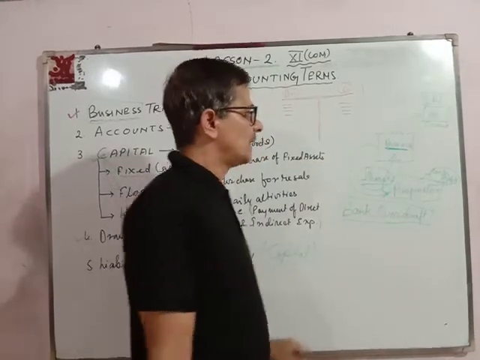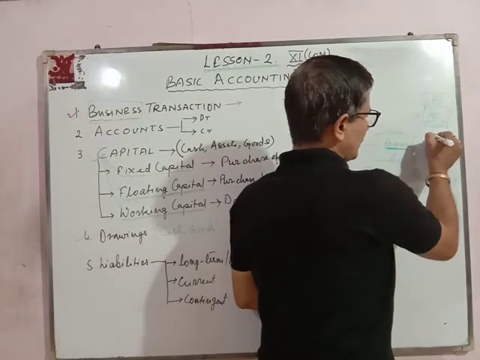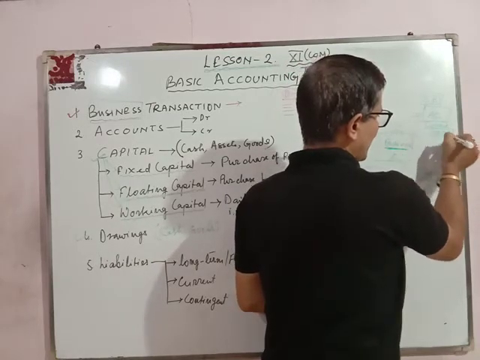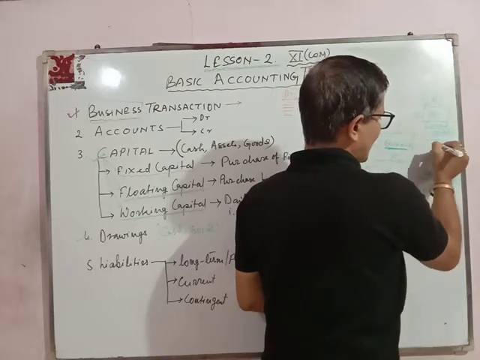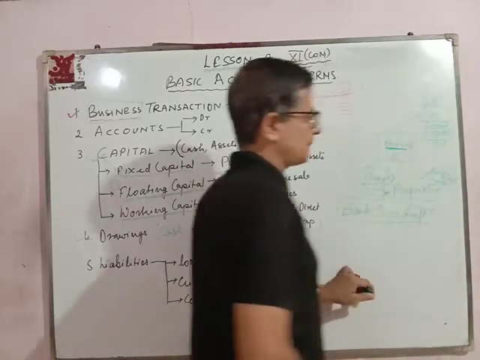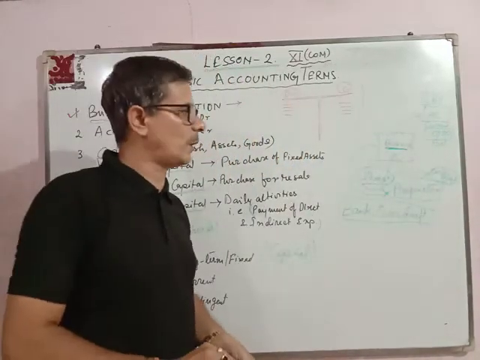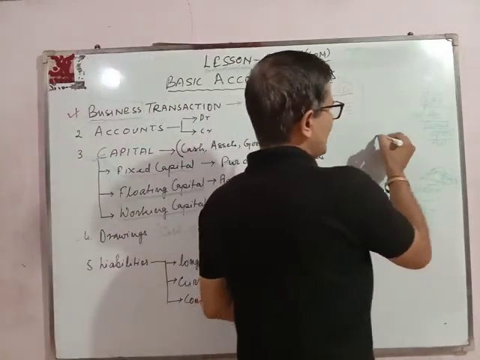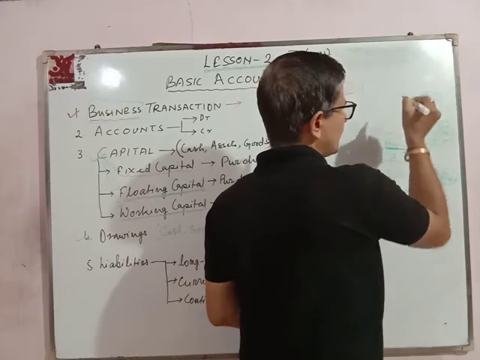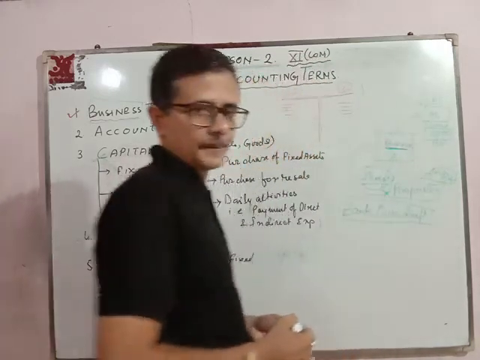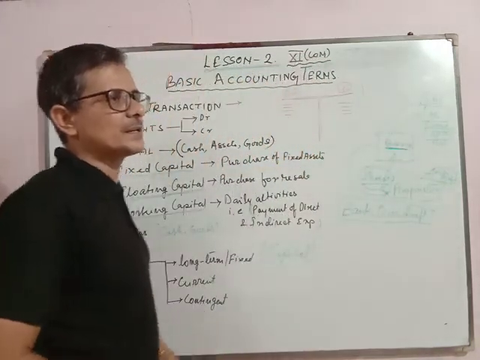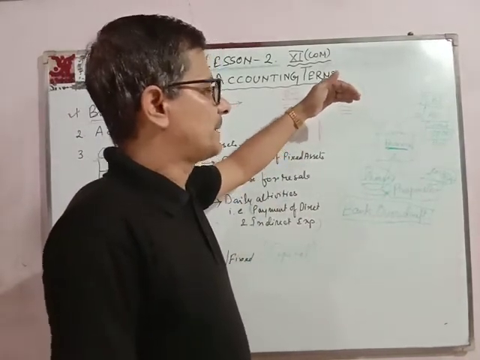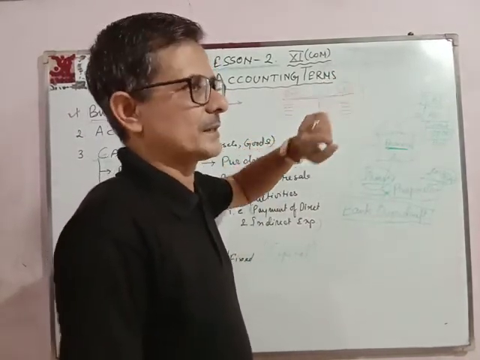Now suppose in his current account there is an amount of 10,000 as a balance. That means in his account there is only 10,000. And this businessman has a very good relationship with the SBI. When there is a very good relationship between the customer and the bank, the bank provides certain facilities.